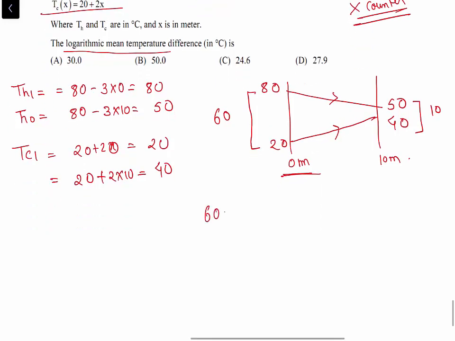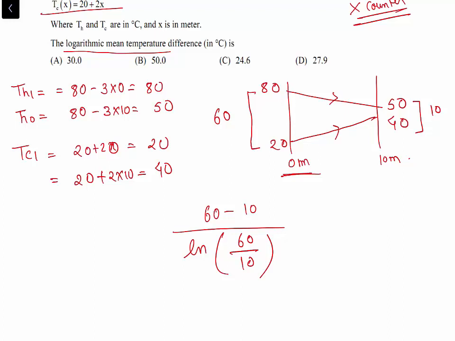So 60 minus 10 upon ln of 60 by 10. You can just calculate this. So how much will it come? 27.90.